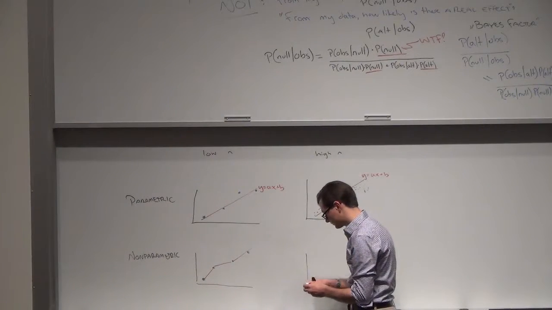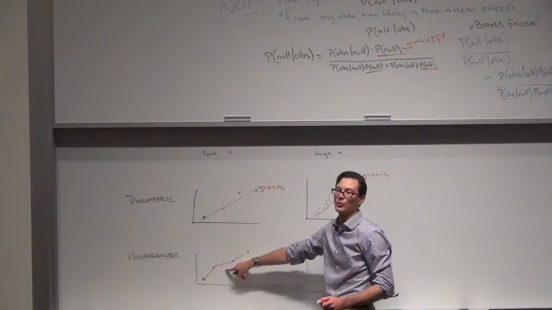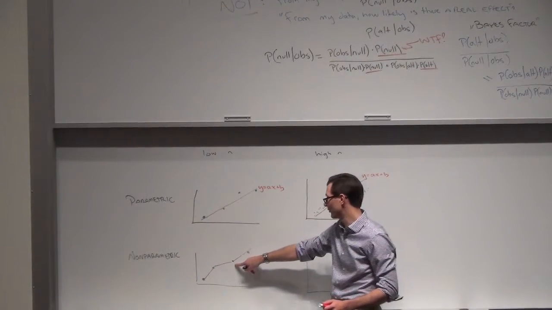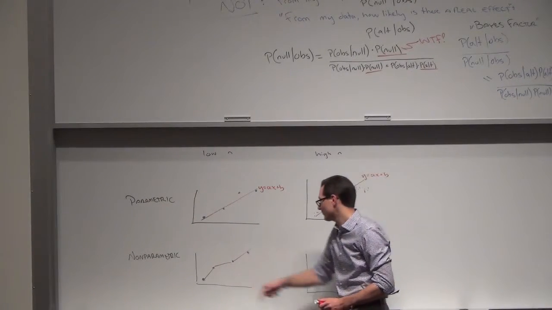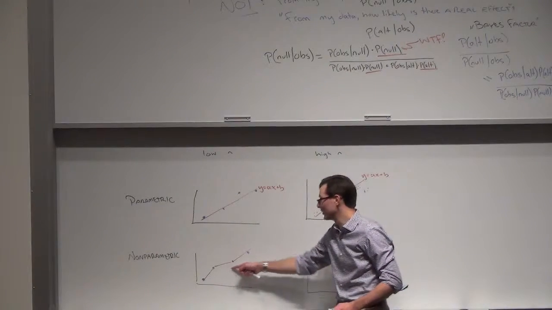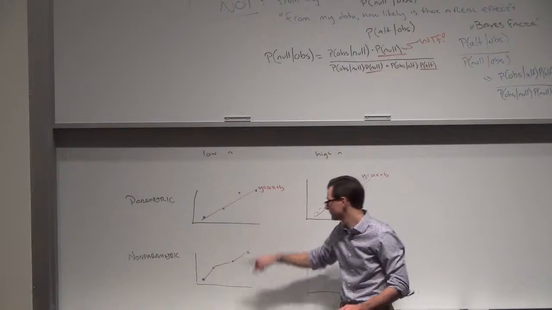And obviously, if it really was a line, this is a much worse model. It doesn't generalize well. It's totally corrupted by noise. If you're really looking at a linear dose-response relationship, this is the better thing to do.